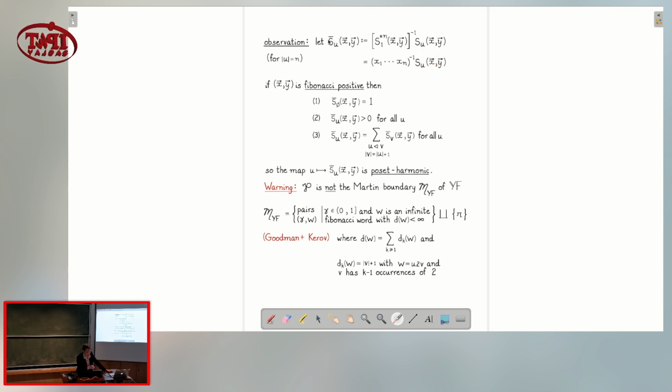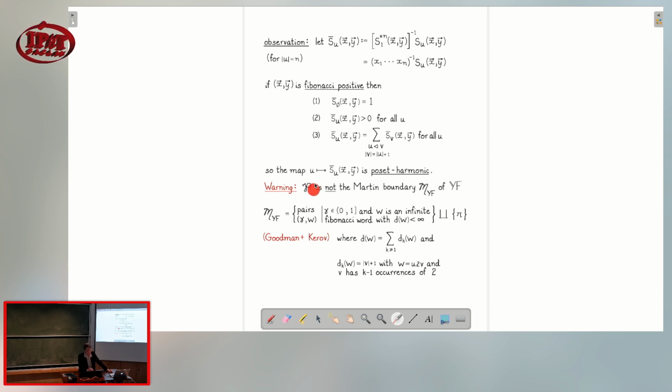This barred clone-Schur function will be poset harmonic. It will be 1 at the empty word, it will be strictly positive by the Fibonacci positivity requirement, and because I'm dividing off by the x's, it will meet this harmonicity condition. So the set of pairs of Fibonacci positive sequences gives you this big supply of harmonic functions on the Young Fibonacci lattice.